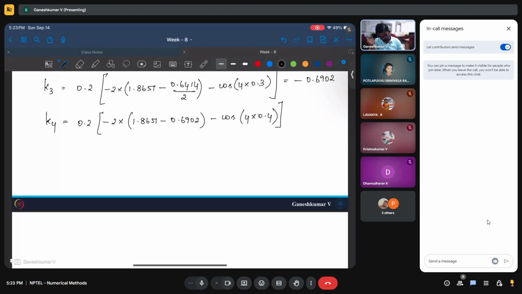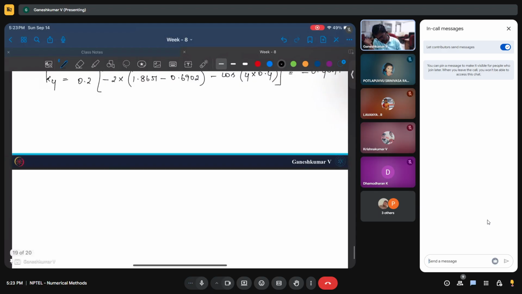Okay, so this will be equal to minus 0.4641. Finally you can write k to be 1 by 6 k1 plus 2 k2 plus 2 k3 plus k4. So this comes out to be 0.6688. I'm just giving you the numbers to save some time.